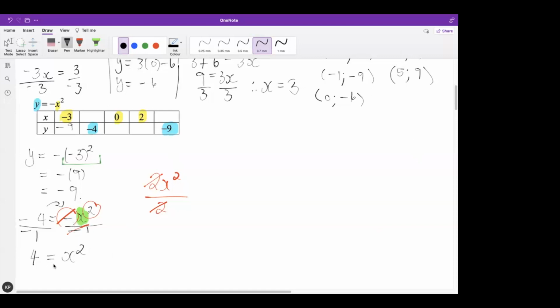Square root, says Kanyo. But what happens if we introduce a square root? Does anybody remember what we said? This question didn't originally have a square root, right? We are the ones introducing it. So what do we have to do? Do we just square root? No, there's one thing that we have to do in front of the square root. Does anyone remember that?